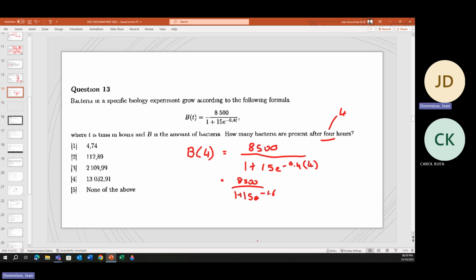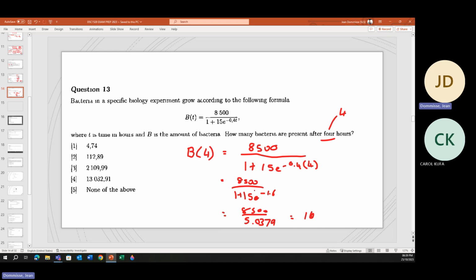I get that it is 8,500 divided by 5.0379, which gives 16, which is not there.